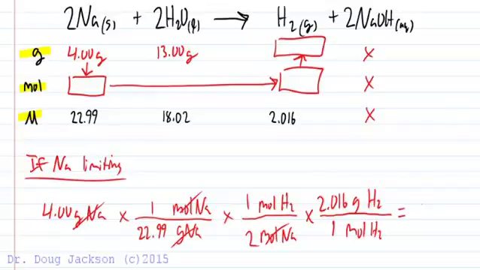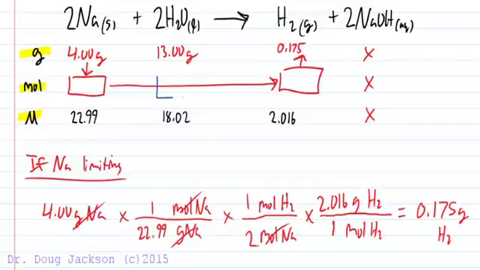And we get 0.175 to 3 significant figures, 5 grams of H2 as our theoretical yield.